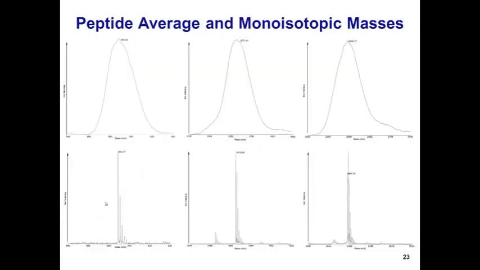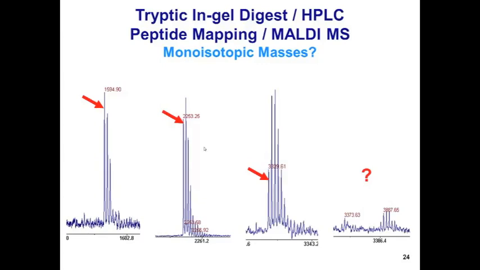These are some actual data which were acquired under high resolution conditions in the lower panels and low resolution conditions in the upper panels. And you can see that we got peaks that are very similar to the idealized version that were shown on the previous slide.